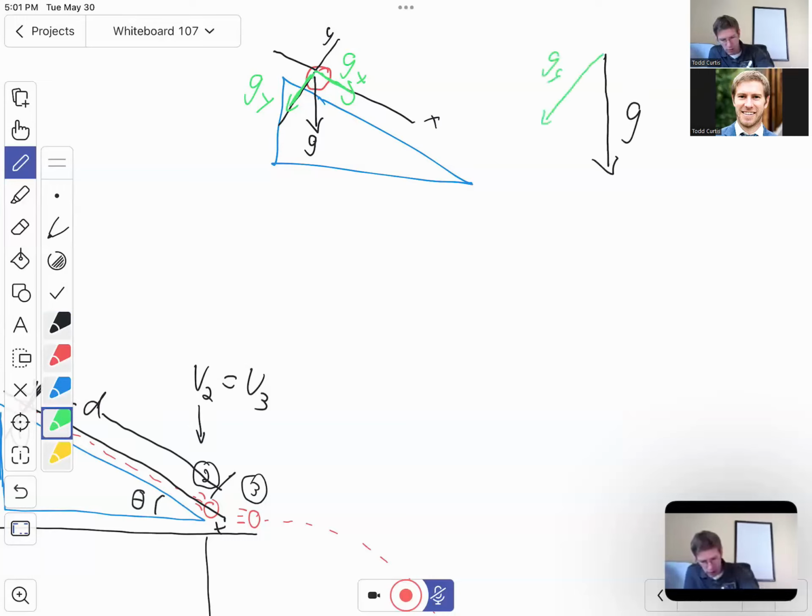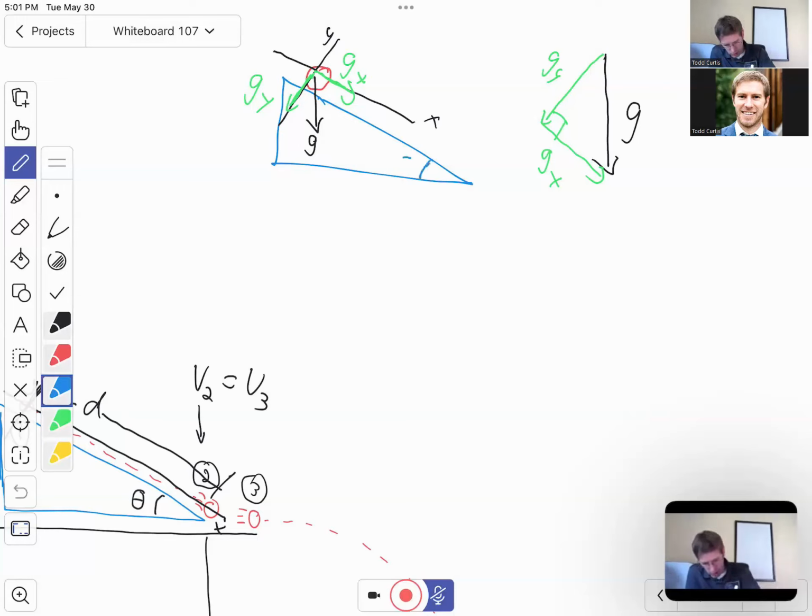GY being the component of it that's straight down into the ramp. And then my GX in this direction, which is the component down the ramp. And this is a right angle because X and Y are always perpendicular to one another. And the cool thing is that you can prove this with geometry, as you'll see in the lecture videos.